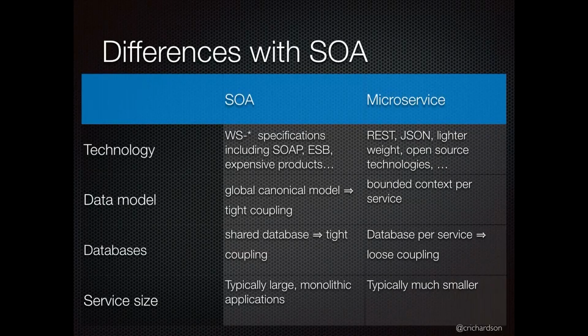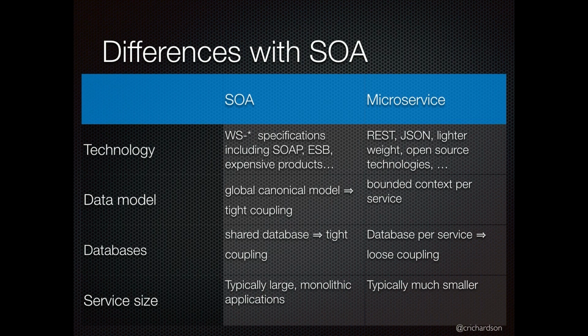Another big difference between SOA and microservices is that SOA applications tend to have a global canonical model. In other words, an enterprise-wide data model that describes the business entities in the system. The downside of that is that it results in tight coupling.